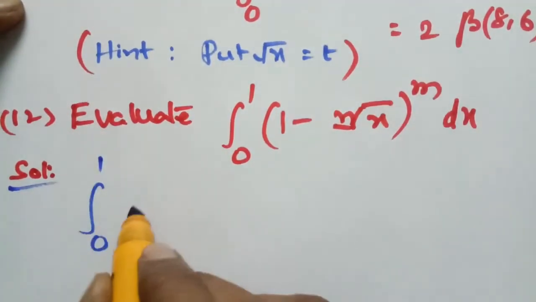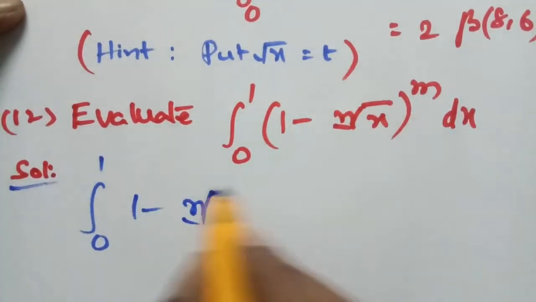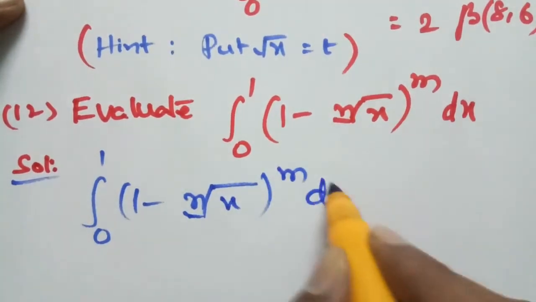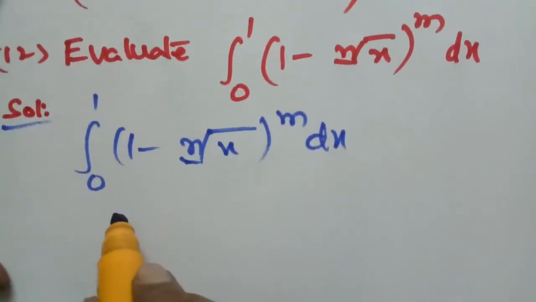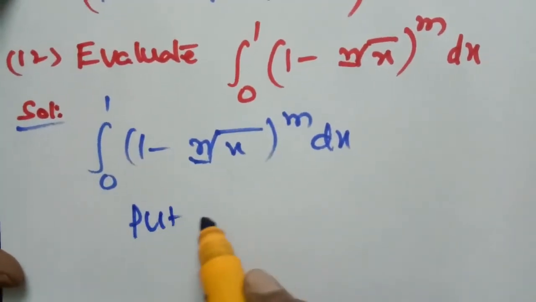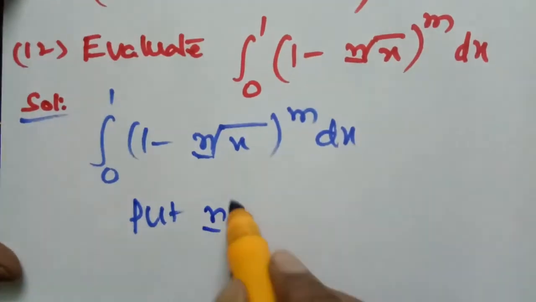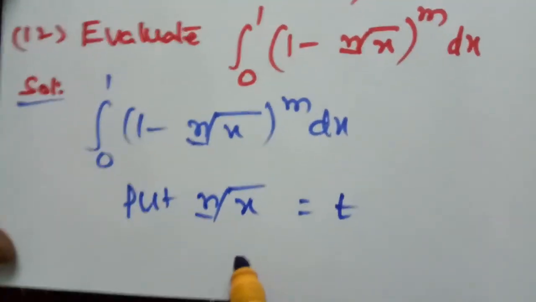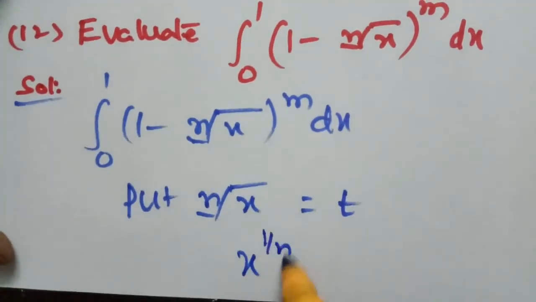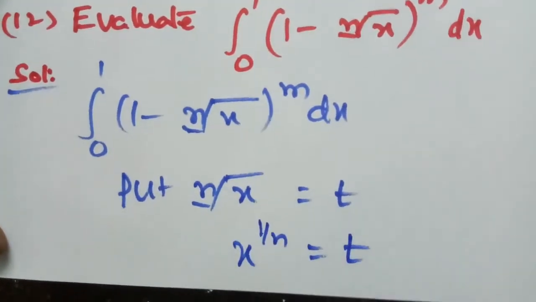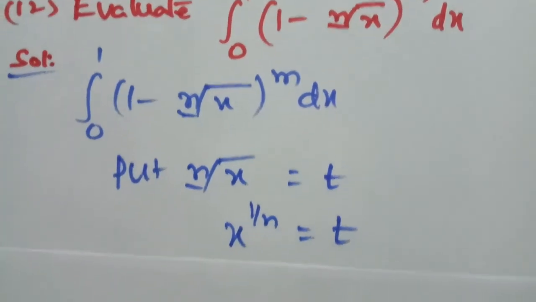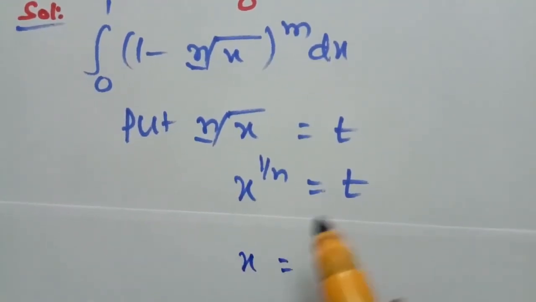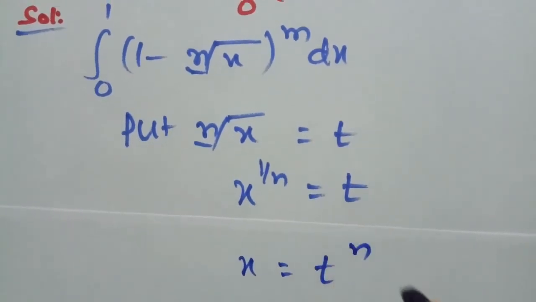Here assume that nth root x is equal to t, therefore x to the power of 1 by n is equal to t. Therefore x is equal to t to the power of n.